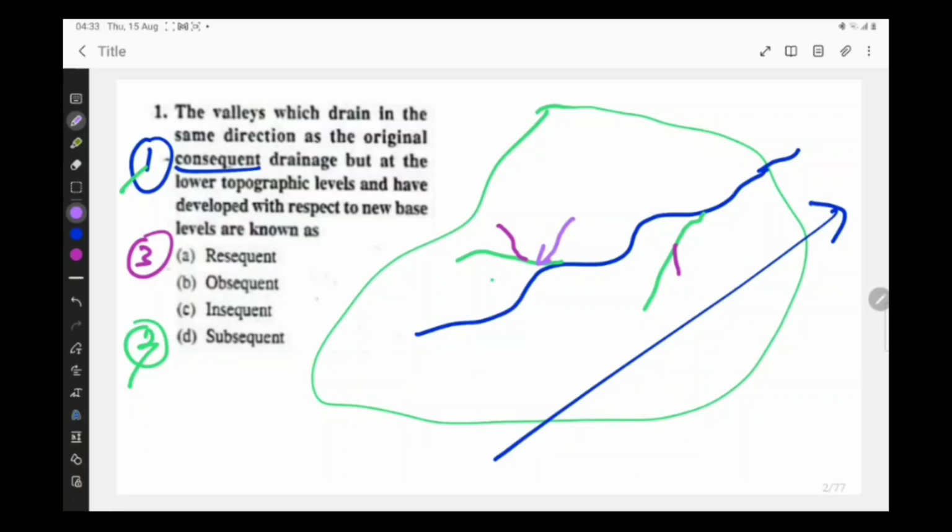These are called obsequent streams. So as per the question, the valleys which drain in the same direction as the original consequent drainage but at the lower topographic levels and have developed with respect to the new base level are resequent drainage. So A is the answer of this question.